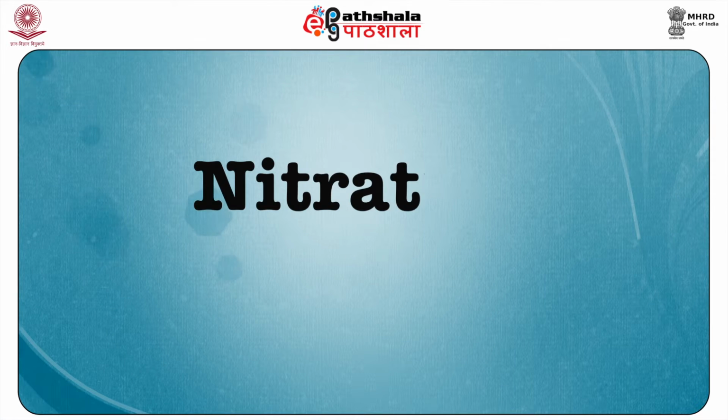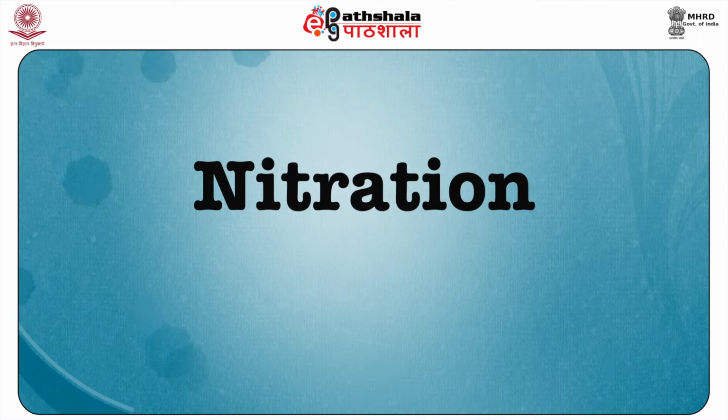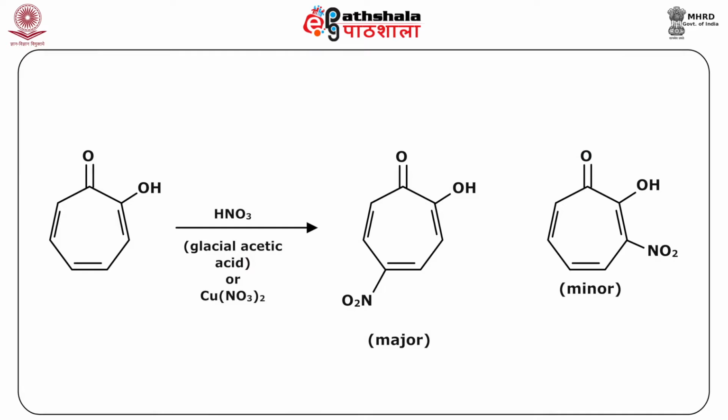Now in another reaction, we can do the nitration of these compounds using nitric acid. We use nitric acid and glacial acetic acid for the nitration. Sometimes cupric nitrate and acetic acid can also be used for carrying out the nitration of these compounds. The main product that we get is 5-nitrotropolone, which is accompanied by a smaller amount of the 3-isomer. So we can see that the electrophile is happy to attack at position 5 as well as at position 3, if given a chance, with the rest of the positions unoccupied.